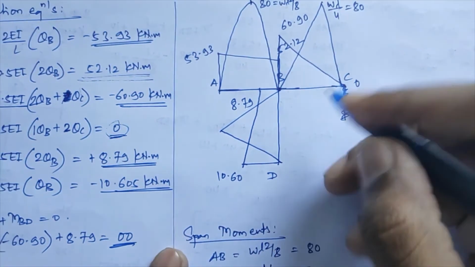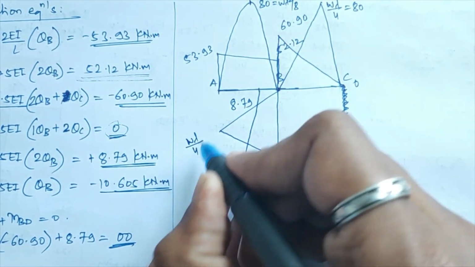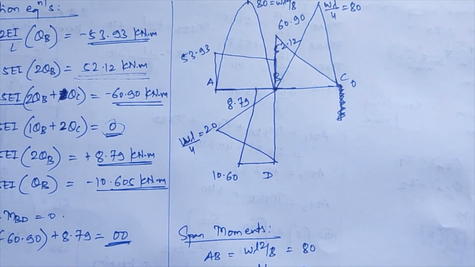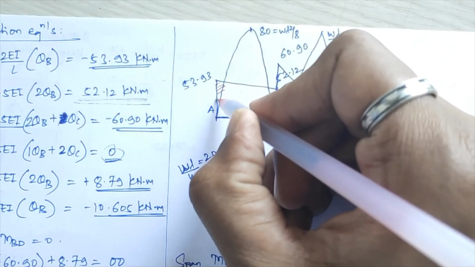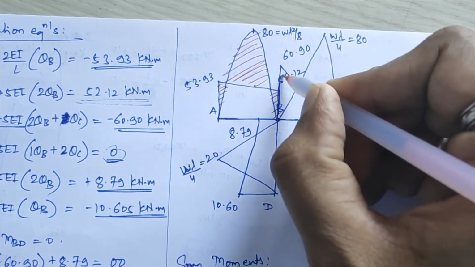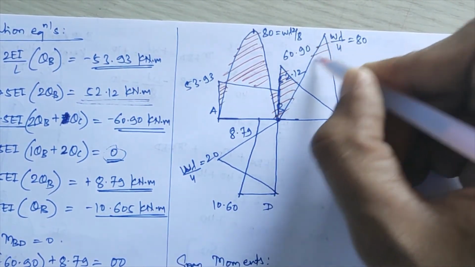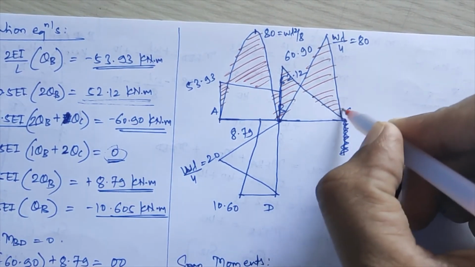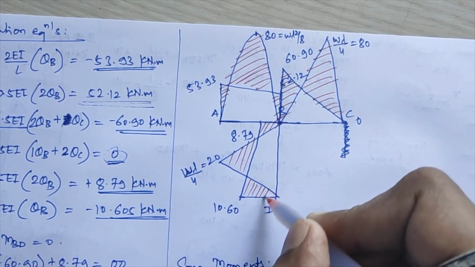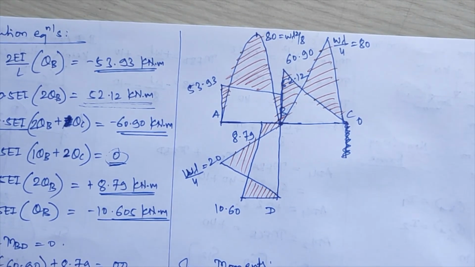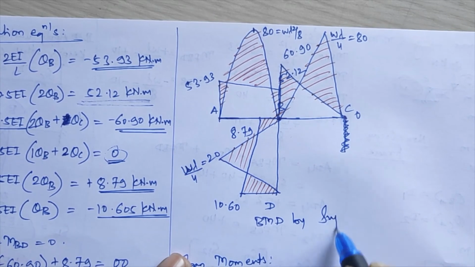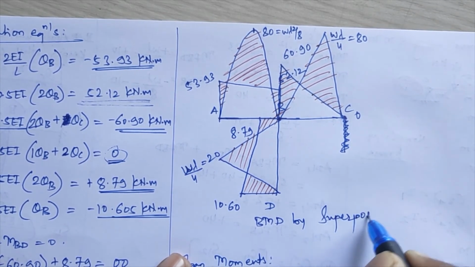That will also be maximum at the center, WL by 4, again 20. Just what you have to do is shade the superimposed part in this. So this gives me the complete BMD by superposition.